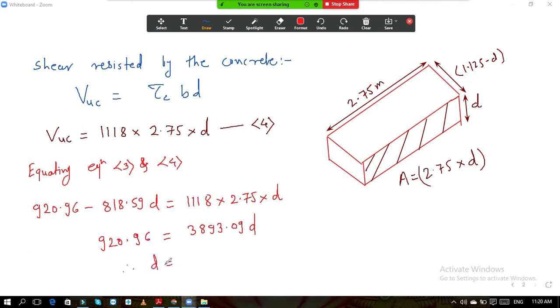Therefore D is equal to 920.96 divided by our answer. So D is equal to 0.236 meter. So we can round up, we can say that this value is 236 mm. So we can round up this value to 240 mm.